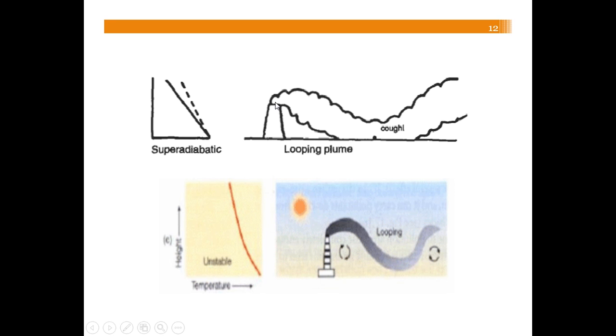Notice your dispersion of pollutants is basically unstable, and some of it is being released close to the ground. All right, during unstable conditions, the pattern is described as looping.